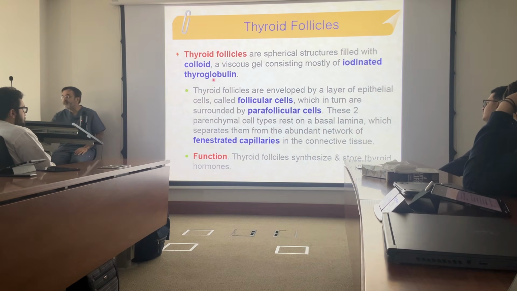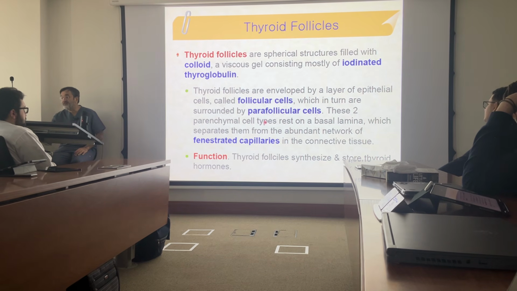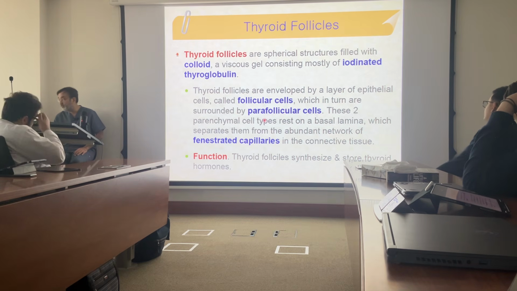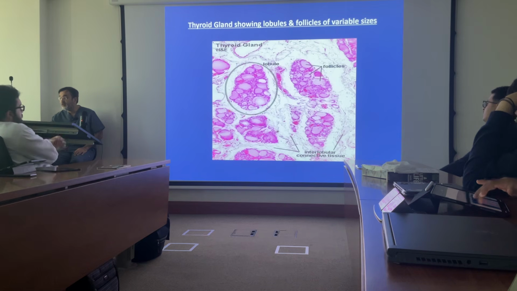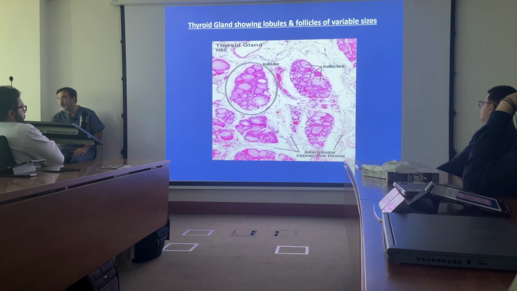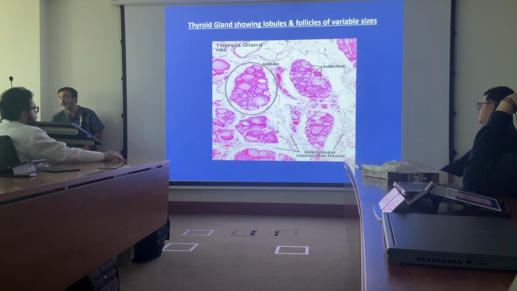These two parenchymal cells rest on the basal lamina, which separates them from the abundant networks of capillaries. The function of the thyroid follicles is to synthesize and store thyroid hormones. You can see it again. This is a lobule, which is formed by the septas of the connective tissue, and within the lobule you see these follicles.